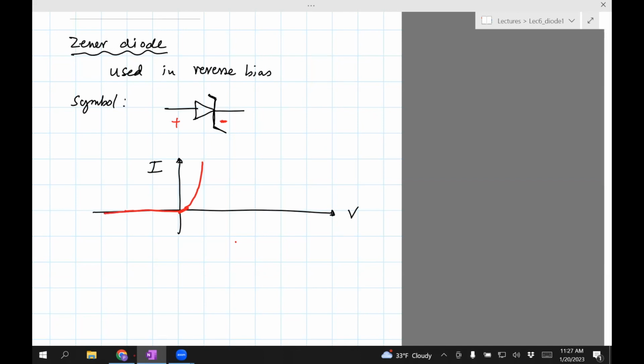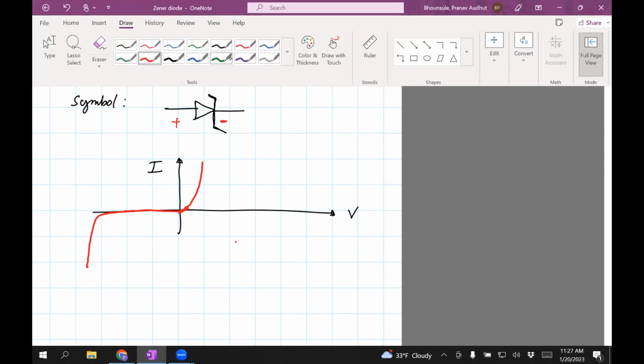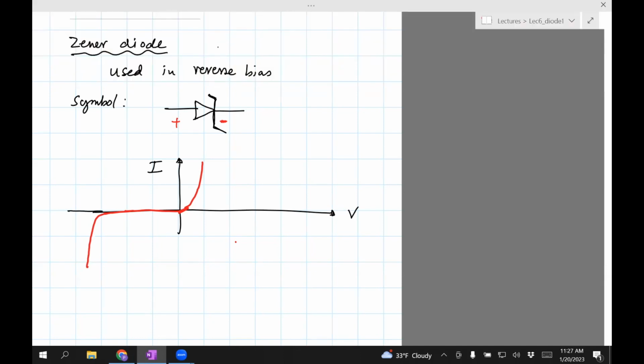Now at the reverse bias, it will actually be something like this. So this part is known as the VZ, or Zener voltage. And then this is our usual potential barrier.